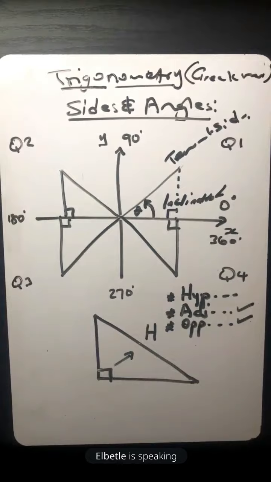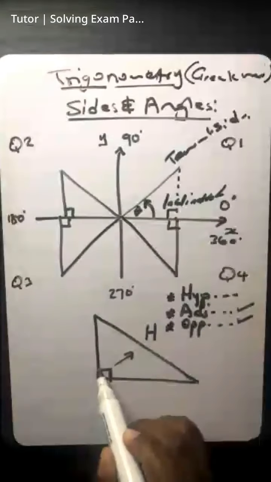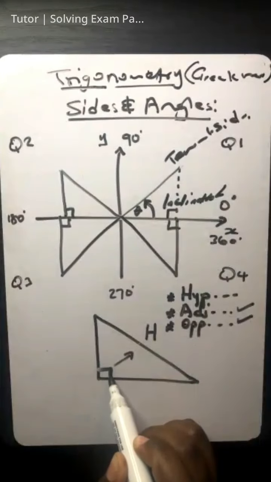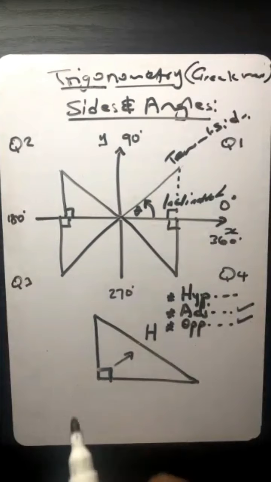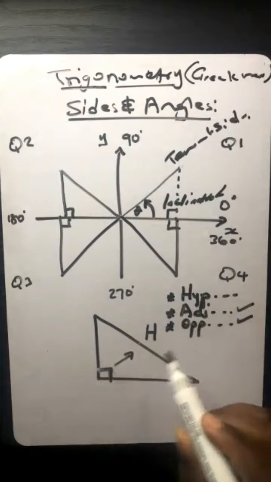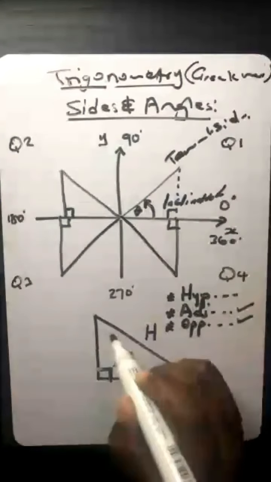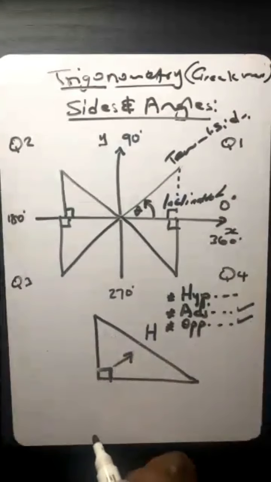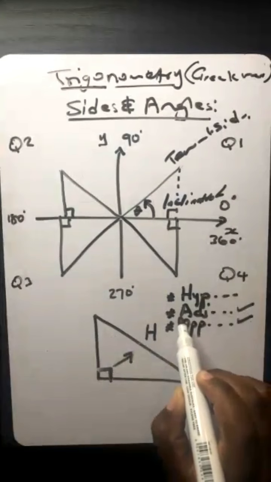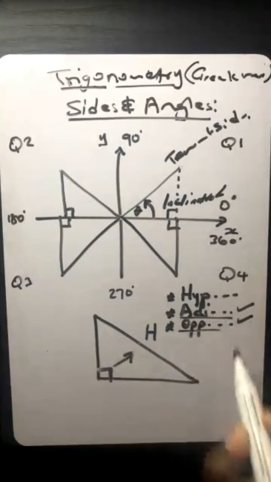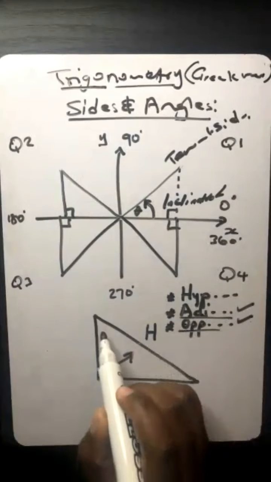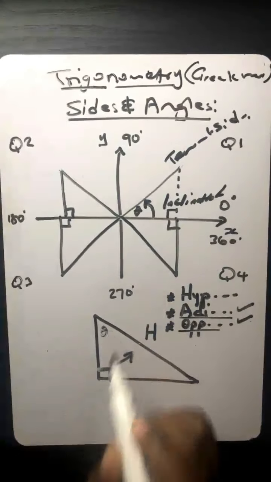Yes, sir. So it's more like you already know this is 90 degrees. The moment you know where the 90 degree angle is, the hypotenuse is opposite to the 90 degree angle. But in terms of the side being called adjacent or opposite, that's if I say for angle theta there.